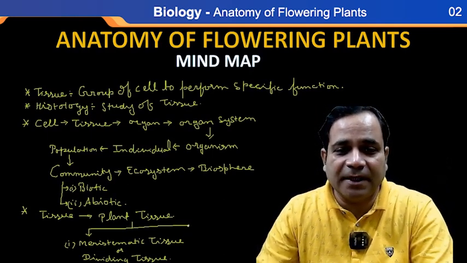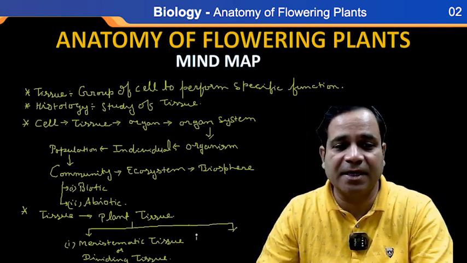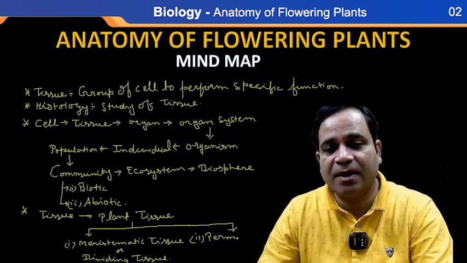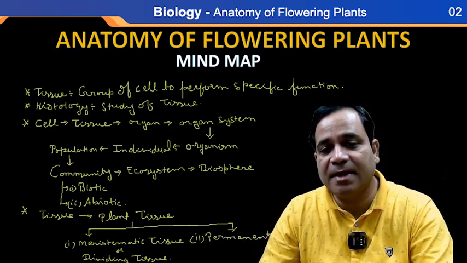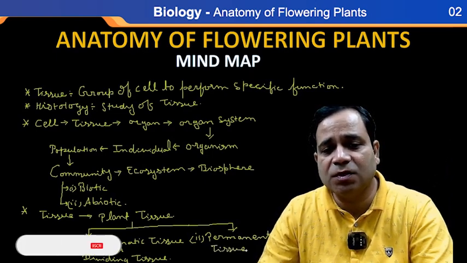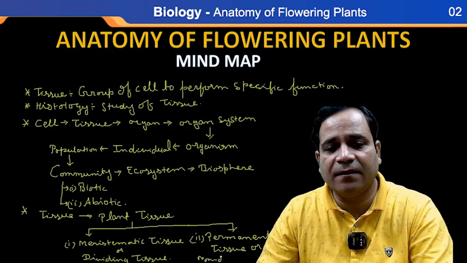Now the other classification of plant tissue is permanent tissue. See what the name indicates? Permanent tissue means non-dividing tissue. So that's why I'm writing here that permanent tissue is also known as non-dividing tissue, my dear.